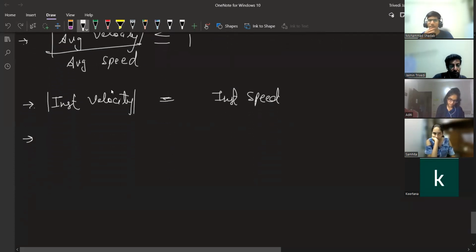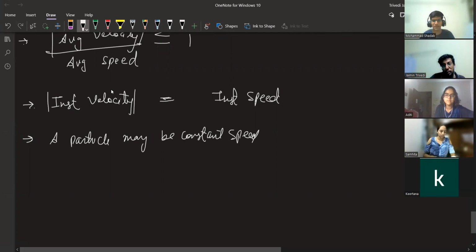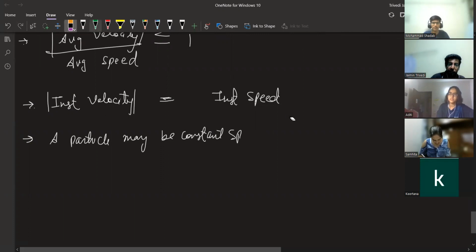So if I want to explain something here, a particle may be moving at constant speed but with variable velocity.